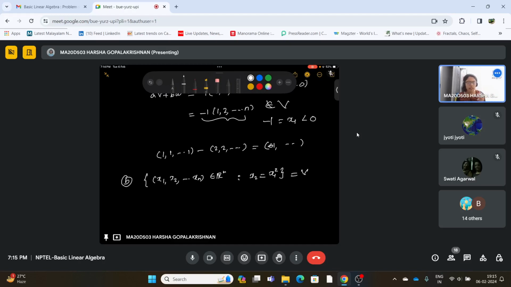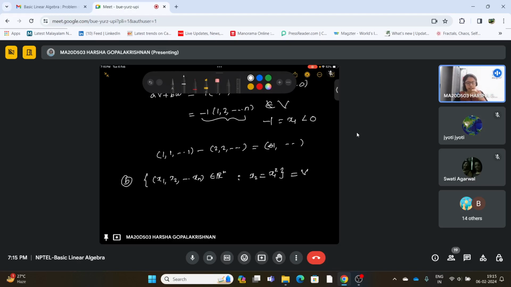Suppose this is V, whether V can be a vector space or not. As I told you, just try with one or two examples: take any two elements, add them, and check whether the new element belongs to this vector space or not.